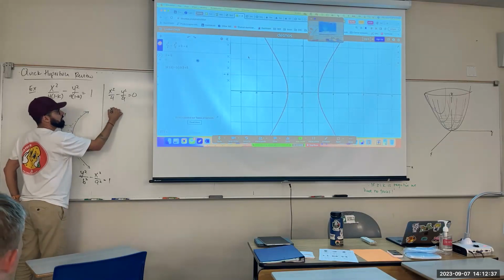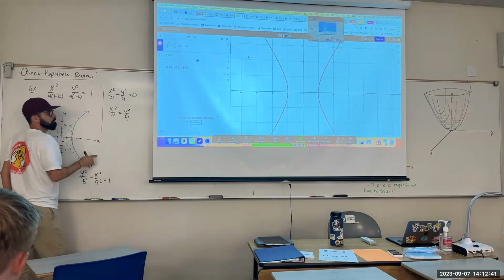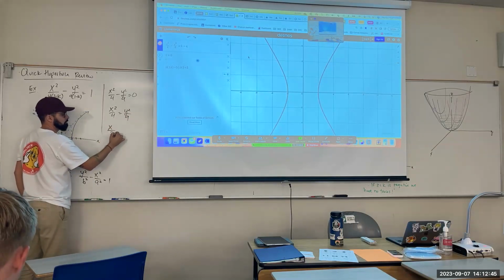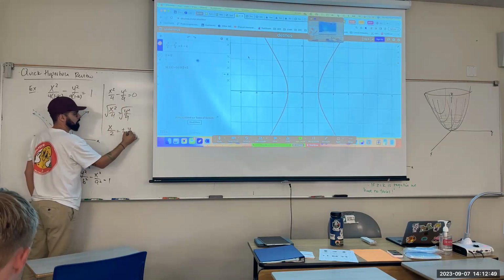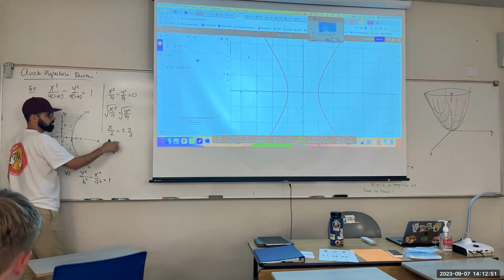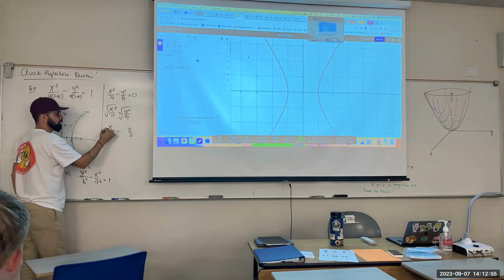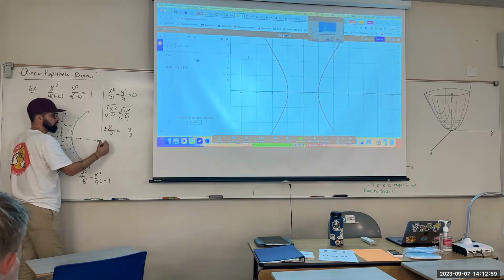Move this to this side. Square root both sides. And then I'm going to get plus or minus y over 3. Plus or minus in this direction, in this side. Multiply the 3 to both sides.